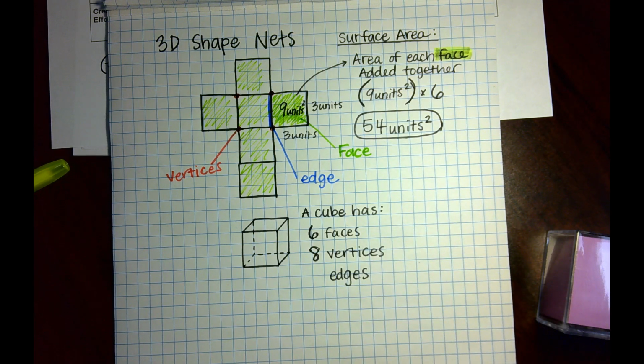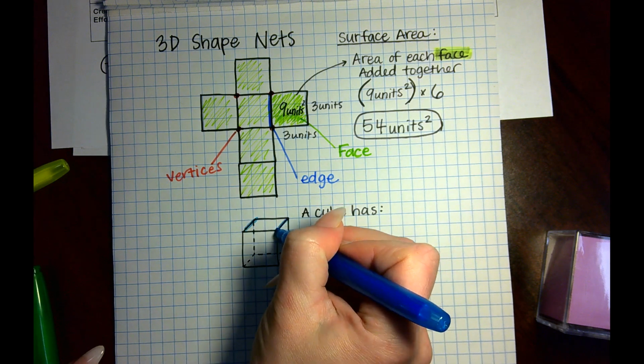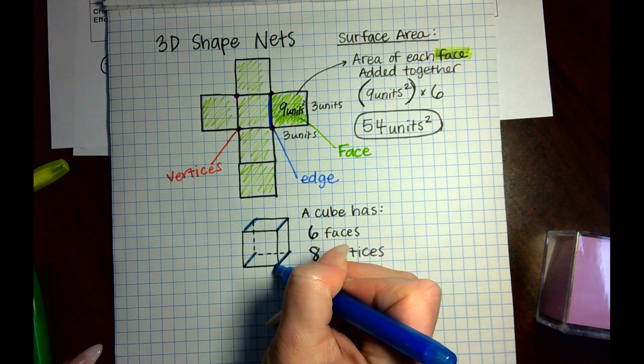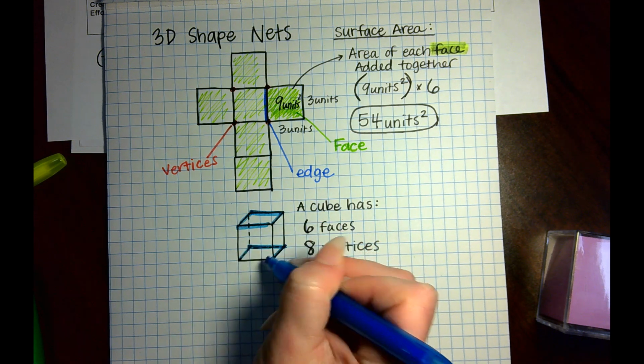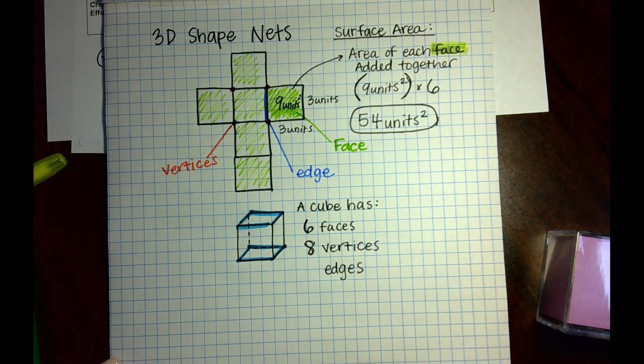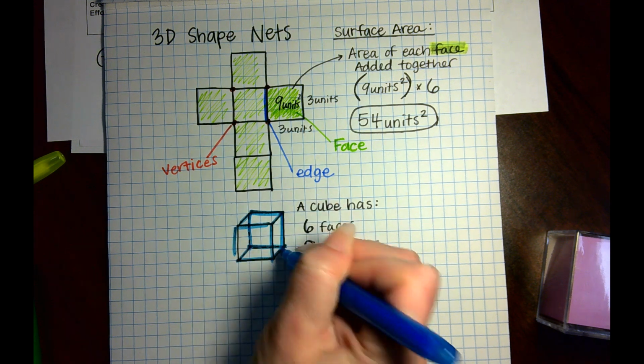So I'm going to use blue highlighter and show it on here. I could count my edges like this. I have 1, 2, 3, 4, 5, 6, 7, 8. Is that all of them? No. 9, 10, 11, 12.